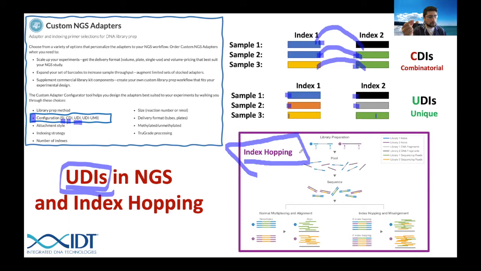If you have small contamination of adapters or primers in your final library, they will be misincorporated into another library once you're doing the pooling for sequencing.